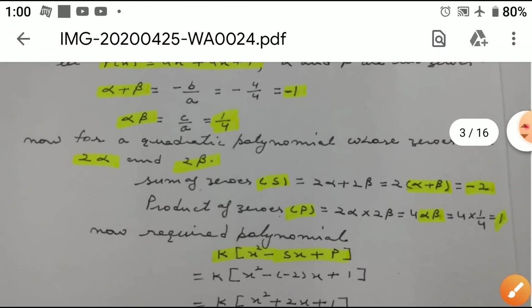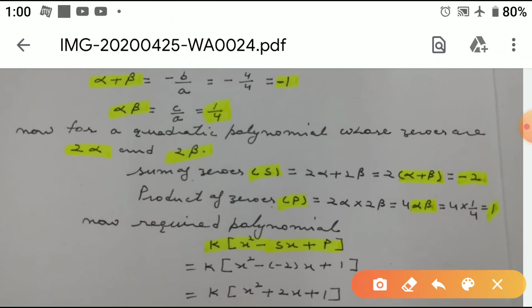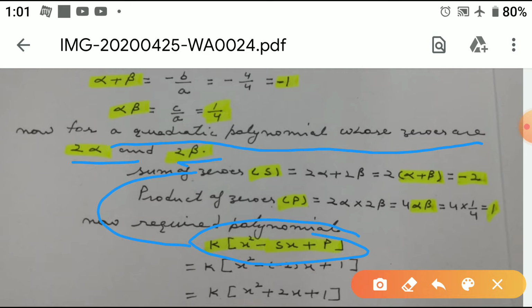Look at there. Now for a quadratic polynomial whose zeros are 2 alpha and 2 beta, we know that to form a quadratic polynomial, this is the formula: k x square minus sx plus p, where s is sum of zeros and p is product of zeros. Clear?